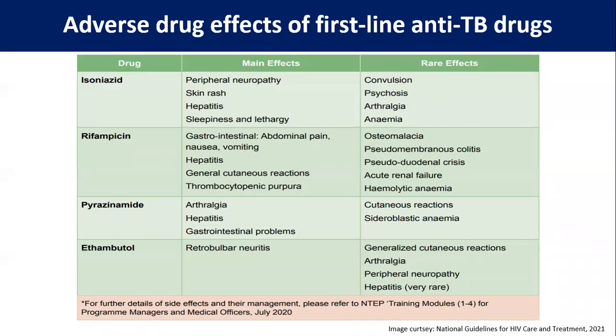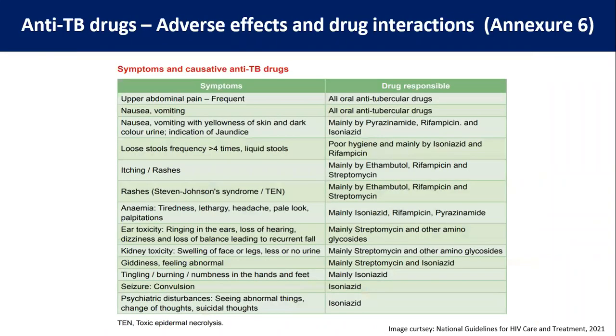So these are the individual side effects produced by individual ATT drugs, but hardly a patient comes to us with such well-demarcated signs and symptoms of a toxicity. So let us discuss how the patient presents to us in an ART center. The patient may come with upper abdominal pain, with or without nausea, and this is possible with any of the ATT.